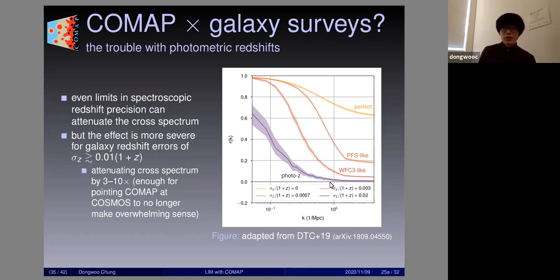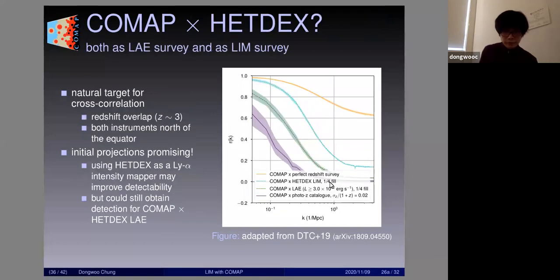And the level of attenuation, combined with the sacrifices in observing efficiency and overhead we'd have to make to overlap with a field like COSMOS from central-ish, southern-ish California, that's enough to make pointing CO map at a field like COSMOS no longer make an overwhelming amount of sense, at least not to just cross-correlate against a photometric catalog. There will of course be ancillary data going forward, but the timeline for any kind of future data on COSMOS is speculative. It's not firm, I think.